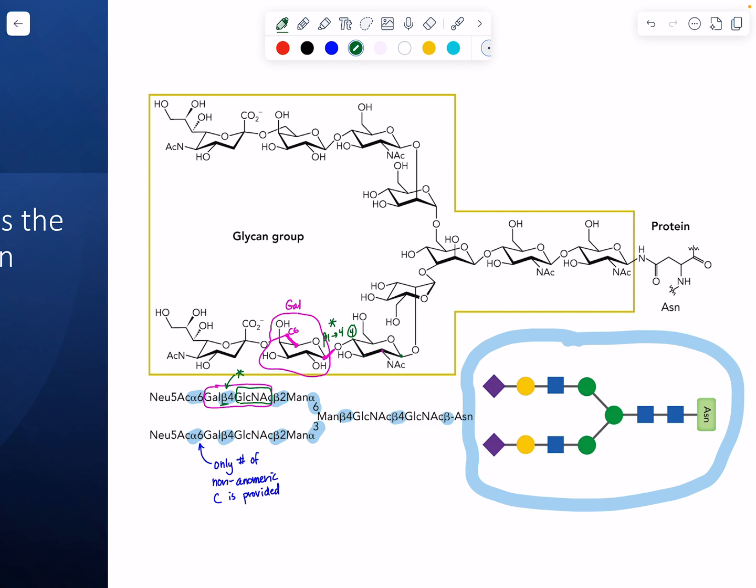So that would be shown over the bond. So we'd have beta 4, alpha 6, this one's beta 2, and then alpha 6. Okay, so sometimes the linkage information is provided because that is important, that you can't figure out from the symbols, okay?